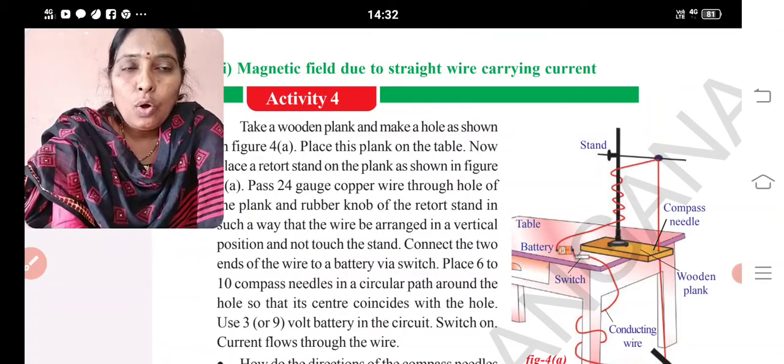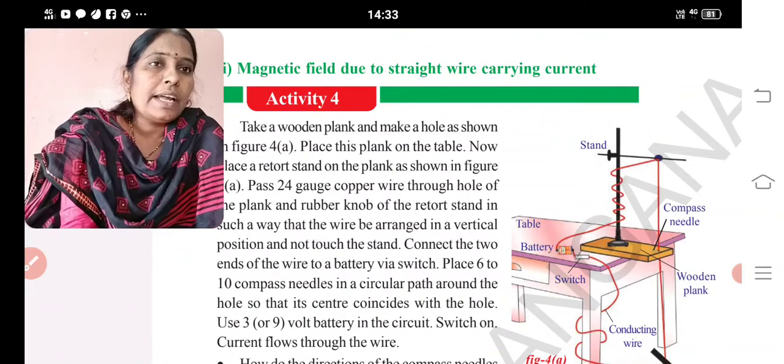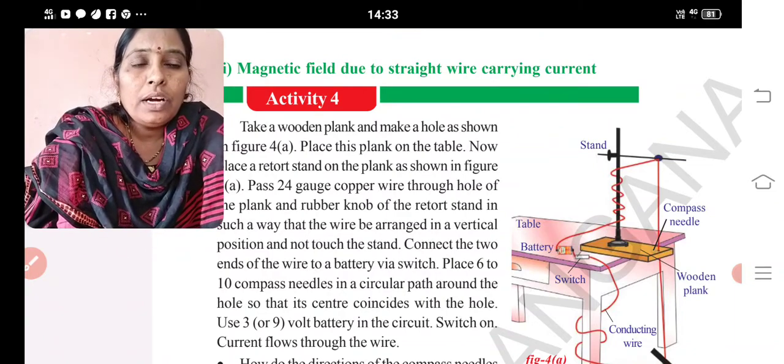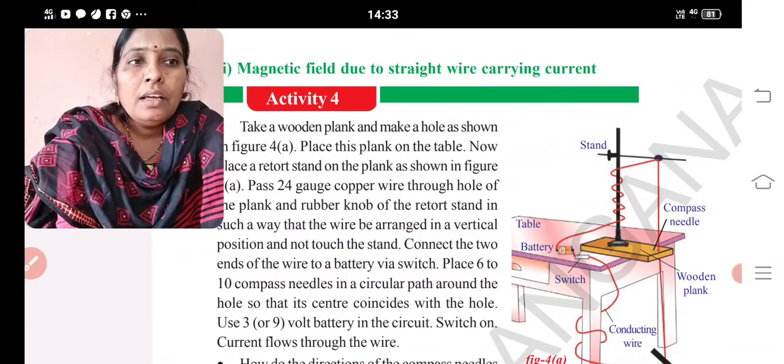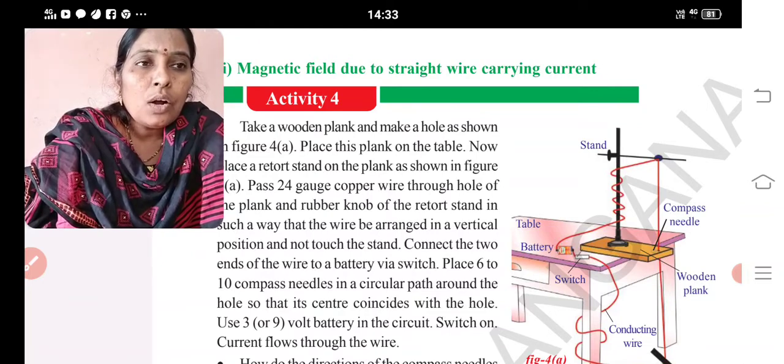Here a long electric wire or a pole is taken, just a retort stand. To the stand wind the copper wire, and it is placed on a wooden plank. Two ends of the copper wire are connected to a 9 volt battery, and around the copper wire you can place a magnetic compass.